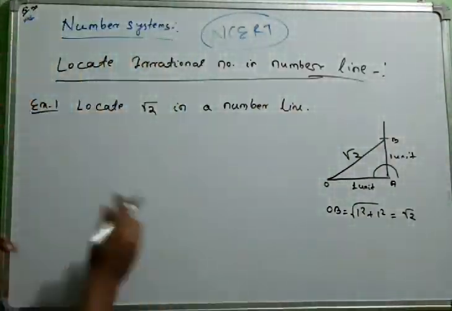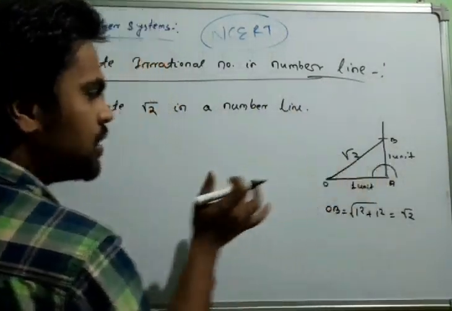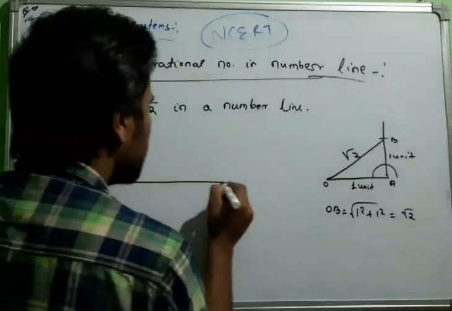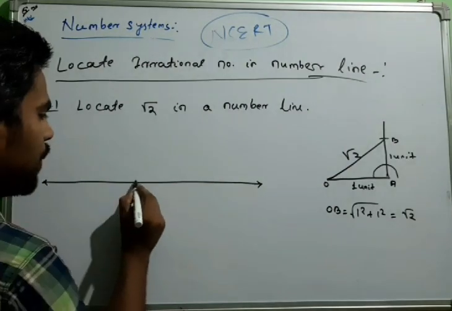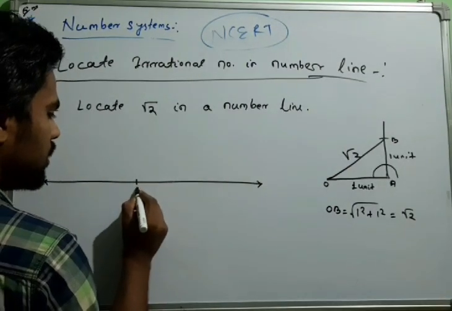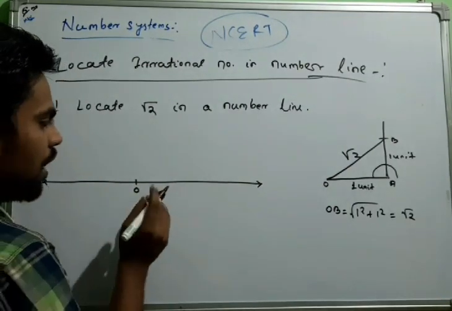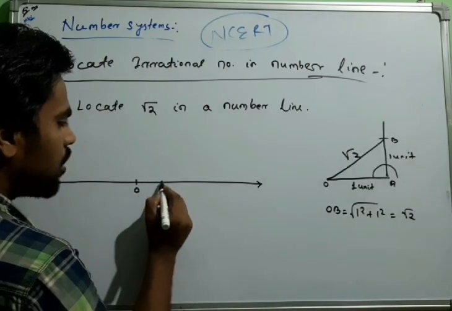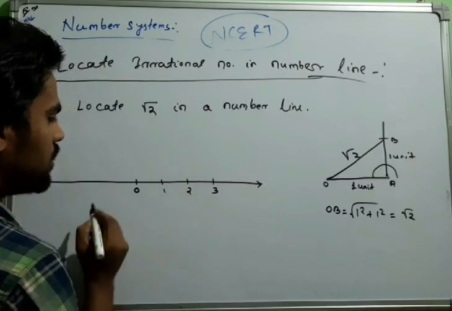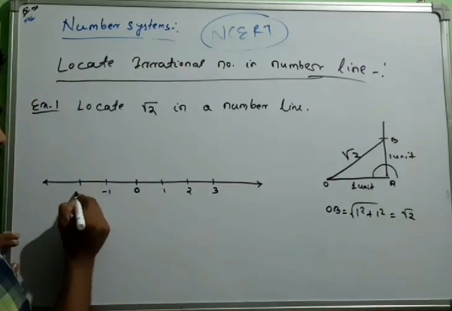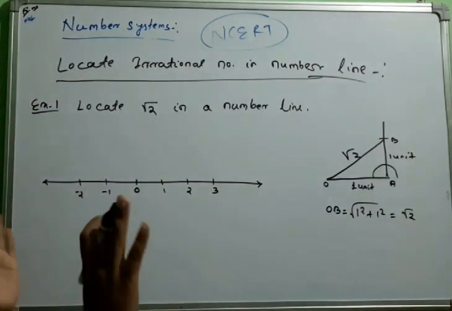Just see how you can use this concept on the number line. First you have to draw a line. This is origin O, and take a scale. Measure 1 unit, 2 unit, 3 unit, and here minus 1, minus 2, like this. Clear or not?